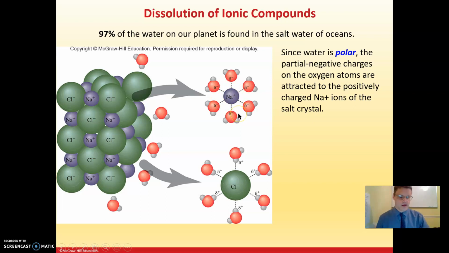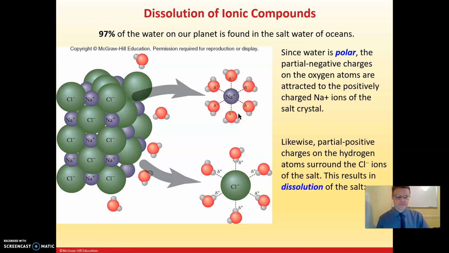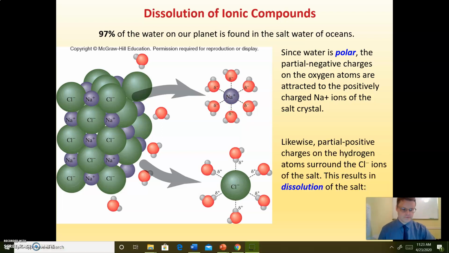At the same time, the partial positive charge on the hydrogen atoms in water is going to be attracted to the chloride ions because they have a negative charge. And so this process results in the dissolution of the salt.